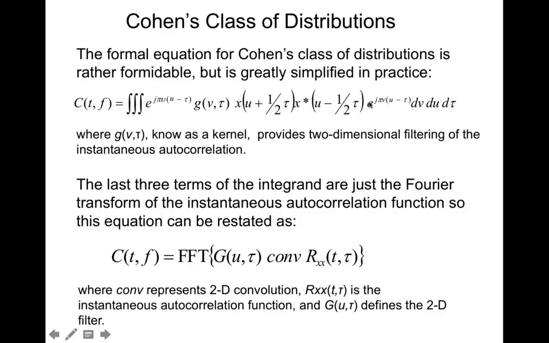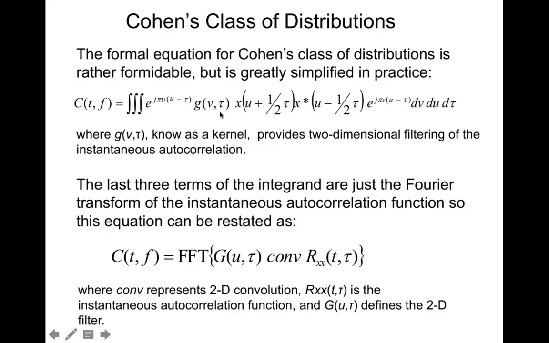And then you've got this other function here, g of nu and tau, that's known as a kernel function. What that does is provide a two-dimensional filter onto the instantaneous autocorrelation. So basically, this kernel function goes in the integral, and it operates on the instantaneous autocorrelation function. And then once the kernel function has operated on it, the Fourier transform is taken.